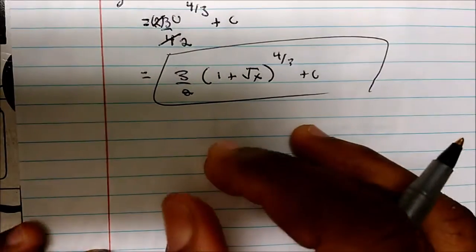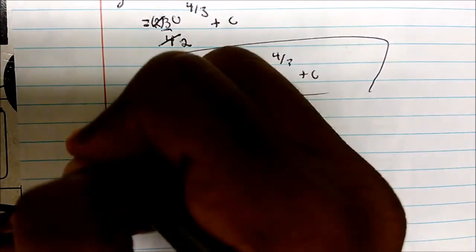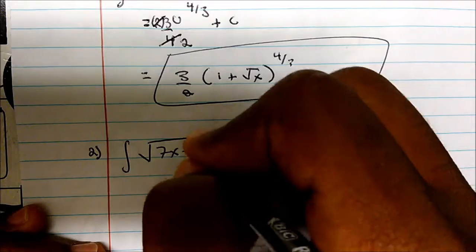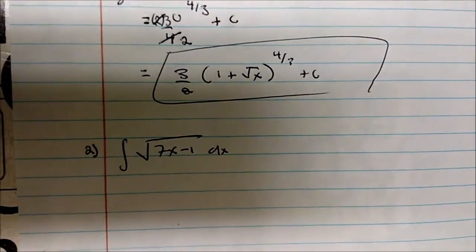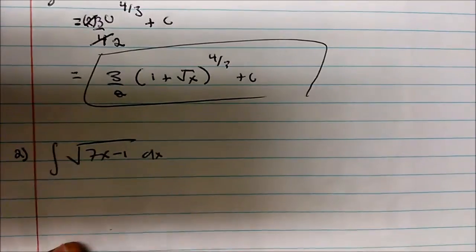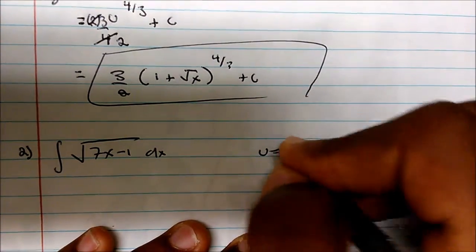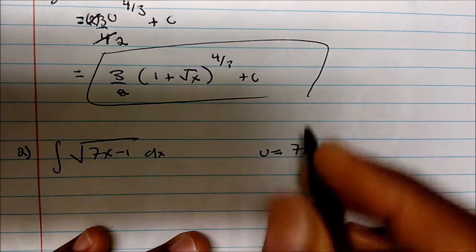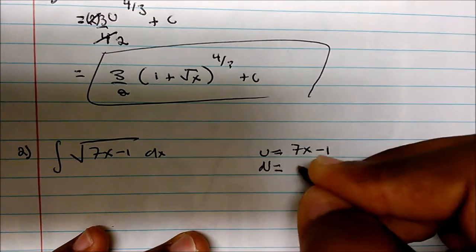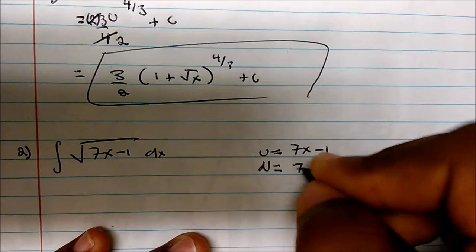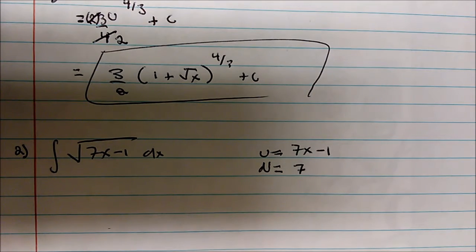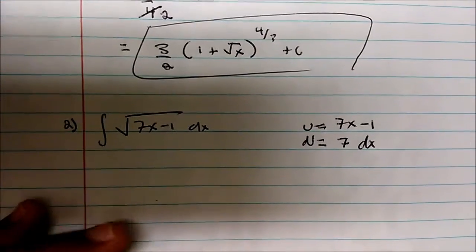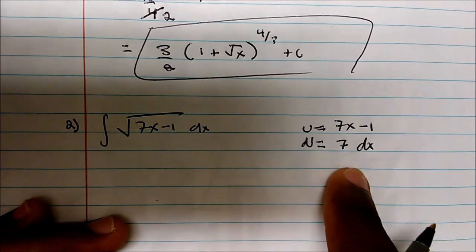Let's look at a simpler one. So we have the integral of the square root of 7x minus 1 dx. Again, this is simply u substitution. So I could set my u to be equal to 7x minus 1, where my derivative will be 7 dx.